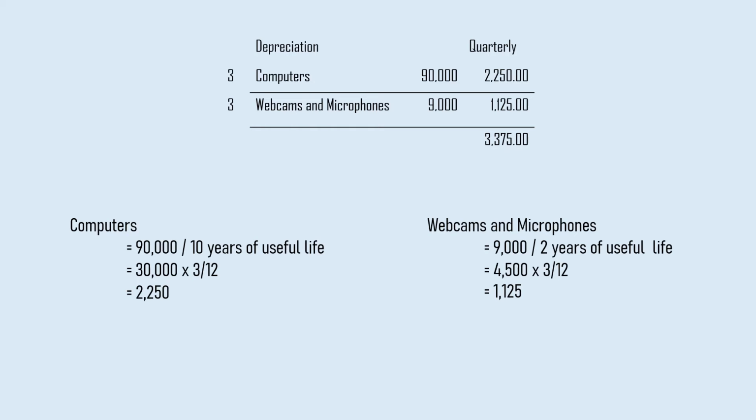For the webcam and microphones, one set with an amount of 9,000 is depreciated over its 2 years useful life. Then, like the computer, we compute the quarterly amount by multiplying by 3, then dividing by 12, to which we get 1,125. We simply add these 2 components of depreciation, to which we have a total of 3,375.